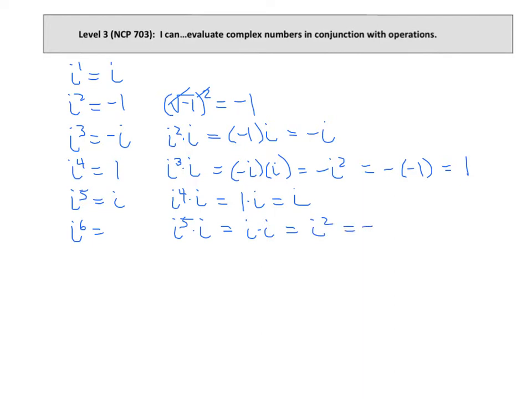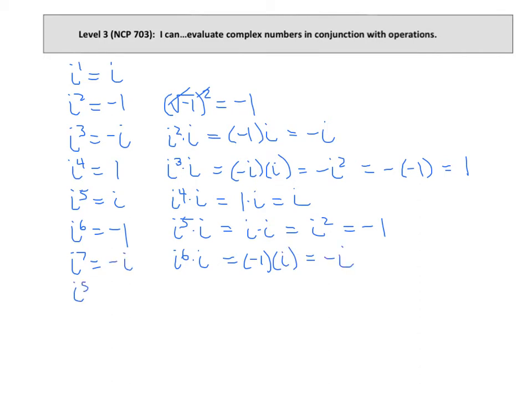And i squared is -1. i to the seventh is i to the sixth times another i. i to the sixth was -1, times i gives us -i.